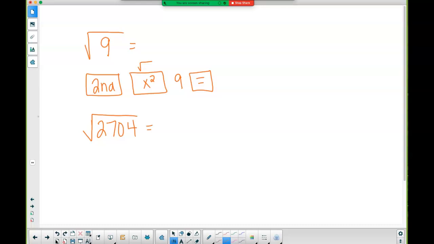You have to do it right there. So you're going to type it in this way, 2,704. Shift. Okay. And you got it, Brinley? 52. Does anybody need help figuring out how to use their calculator? Do you remember doing that now? Yes.